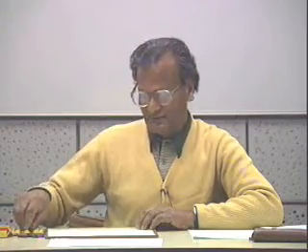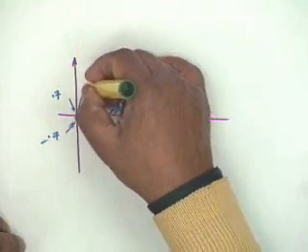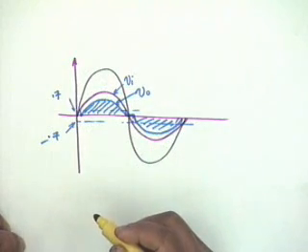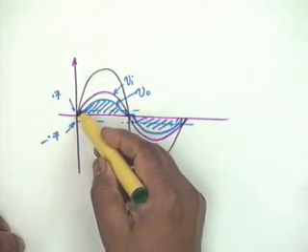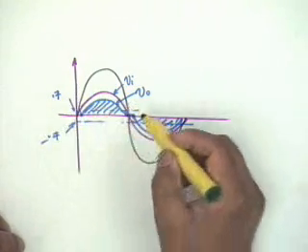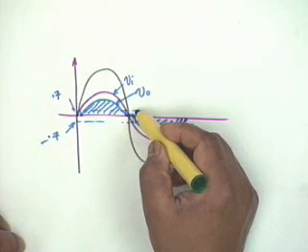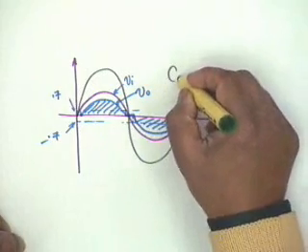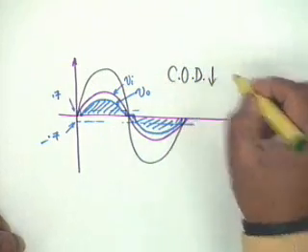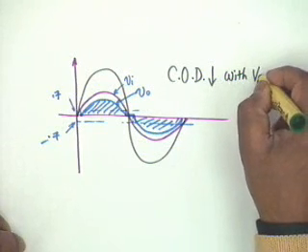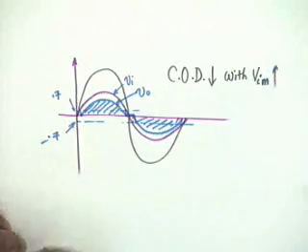Suppose now the input voltage is increased. Input voltage is like this. The amplitude is increased. Obviously the crossing with 0.7 shall occur earlier, and therefore the width of the dead band shall decrease, and therefore crossover distortion decreases with increase of maximum input voltage.